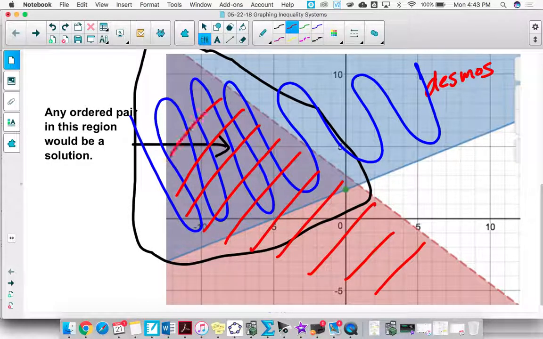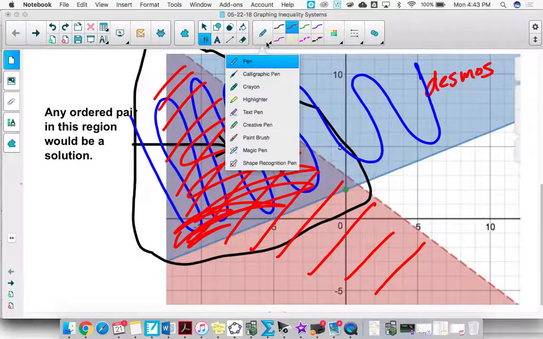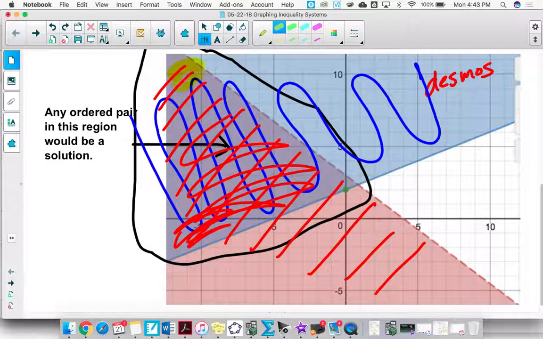Well, you're going to notice that there's one section of the graph that got shaded twice. And where does that occur? Well, right here. And I'll use a highlighter because all the coloring now looks a mess. But this region here, this is considered our solution. Any point in this colored region would make both inequalities true.